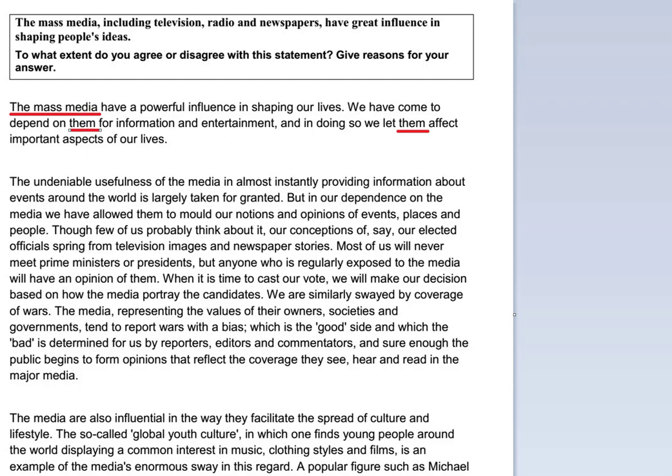I just noticed now. Okay, anyway. In our dependence on the media, we have allowed them to mold our notions.